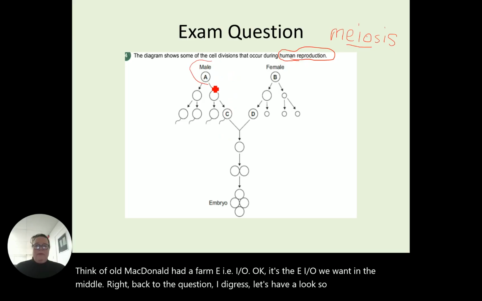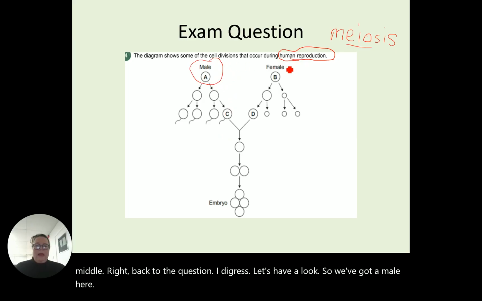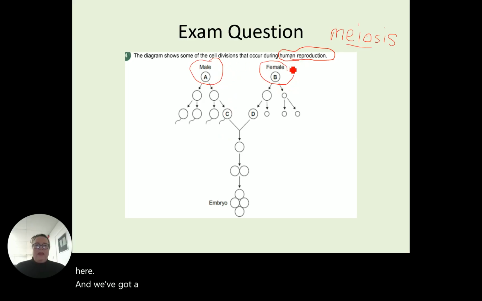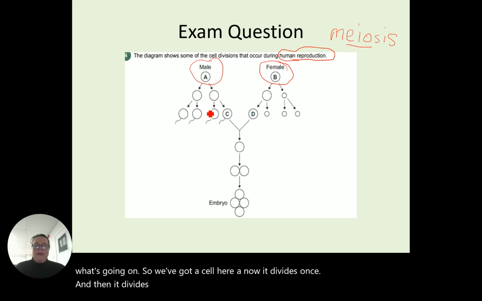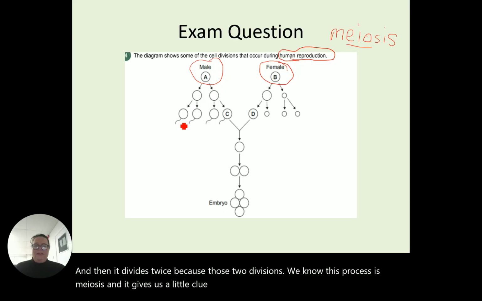So we've got a male here and a female here. Before we even look at the question, let's figure out what's going on. We've got a cell here, A. It divides once and then it divides twice. Because there are two divisions, we know this process is meiosis, and it gives us a little clue here: these cells have got tails.